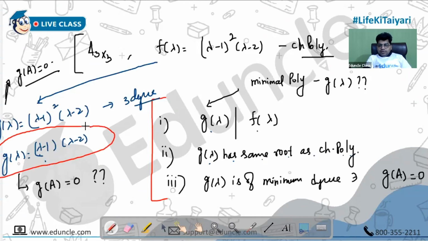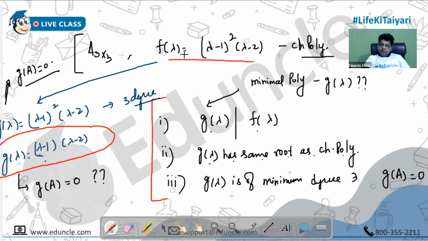If you take some other example also, you have to understand: for any polynomial which is the characteristic polynomial, the second polynomial which you are calling minimal has three properties. First property is that it will be a divisor of f(lambda). It means you cannot say the minimal polynomial is (lambda minus 1) whole square, (lambda minus 1), (lambda minus 3). You cannot put some other factors.